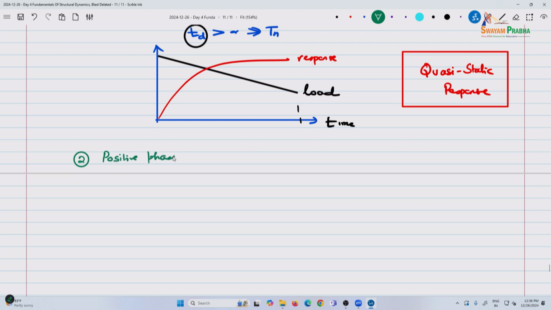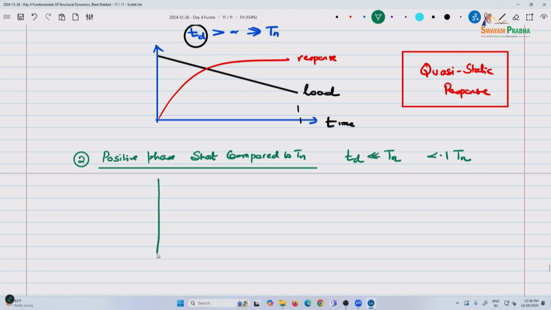Positive phase is short compared to Tn. So, Td is much less than Tn, let us say less than 0.1, previously we had 0.13416, so very small.